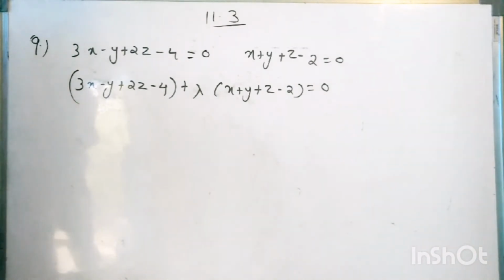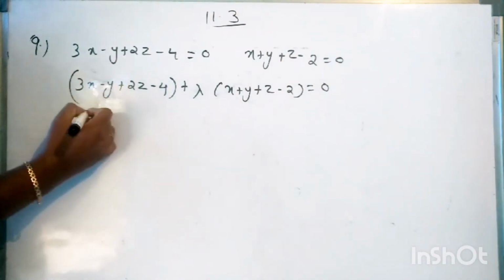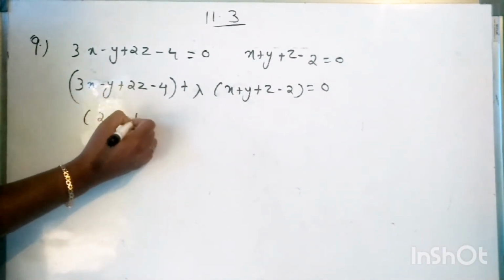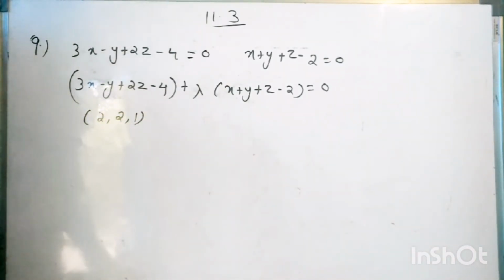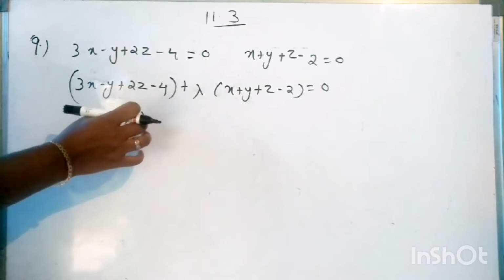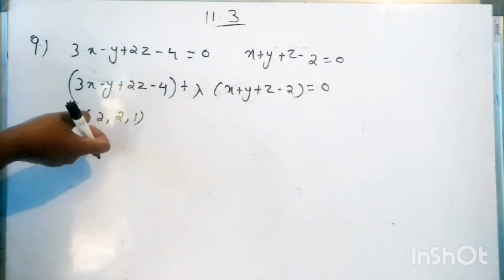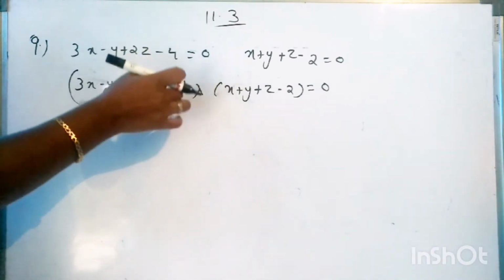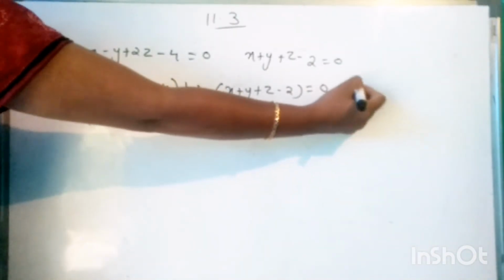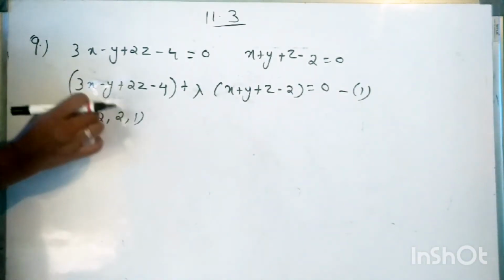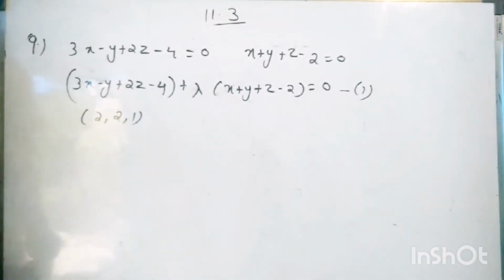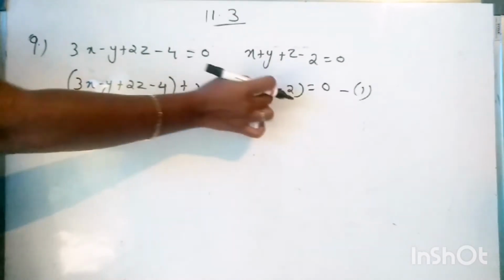And given that we have the point 2, 2, 1, find the equation of the plane through the intersection of the planes and the point, ordered triplet, 2, 2, 1. This 2, 2, 1 also belongs to this plane. If this point belongs to this plane, equation number 1, that means this point satisfies this equation.